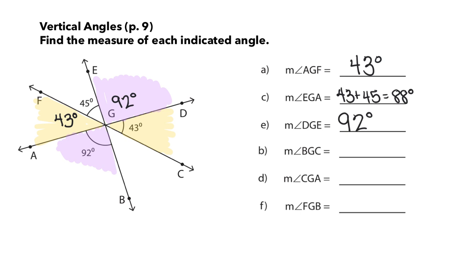Okay. Angle BGC. BGC has this last little section here that we're going to go ahead and mark green. Eliza. You add 92 and 45. 92 plus 45, and that is? BC.